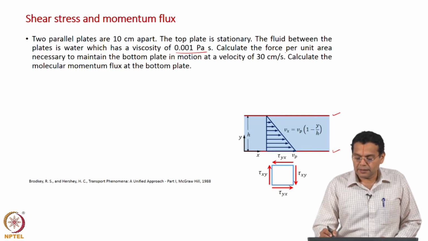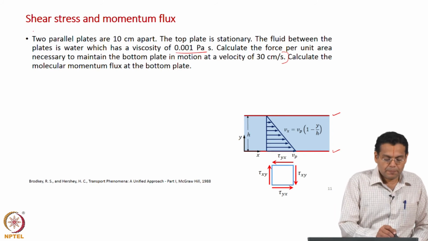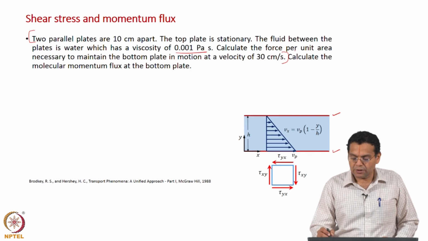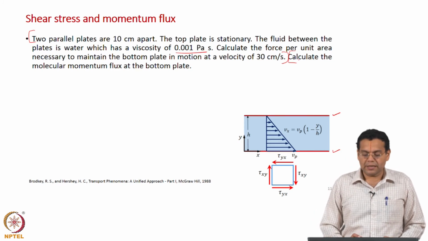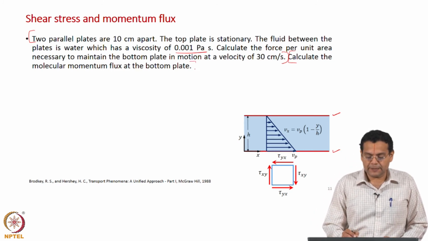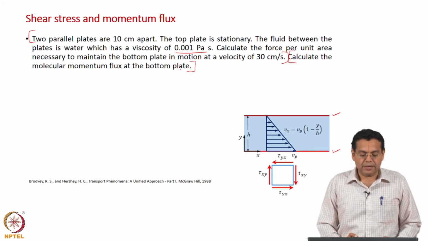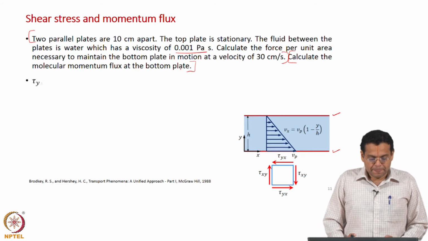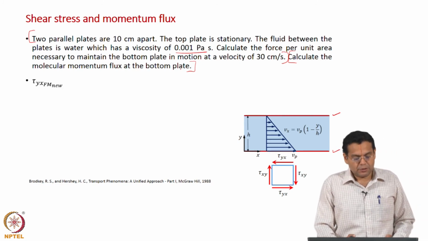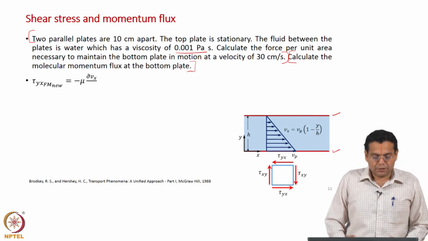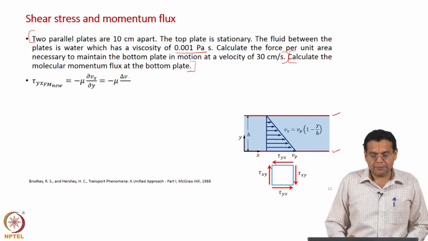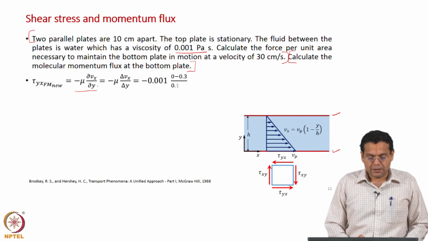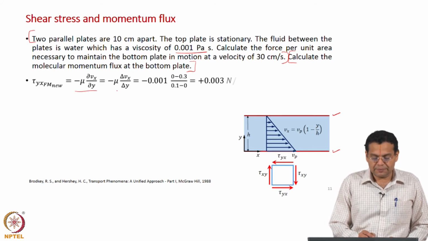Okay. Till this point, it is a typical fluid mechanics problem, because now we are going to compare both the viewpoints. An additional question is added: calculate the molecular momentum flux at the bottom plate. Okay. So, let us use the new sign convention. Tau yx fluid mechanics new is minus mu dou V x by dou y. Let us write in terms of differences.